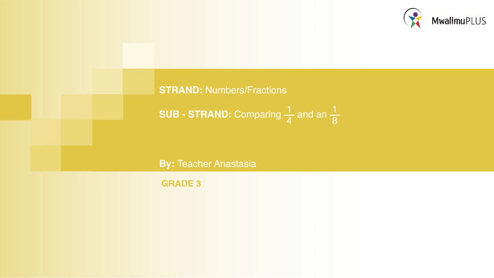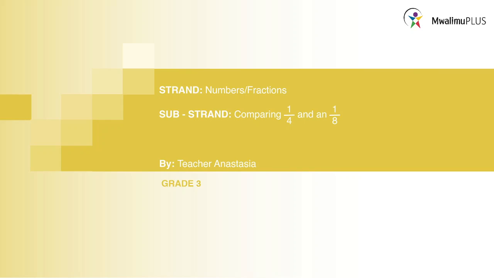So, today we want to learn more about fractions. And we have a very interesting lesson today. We are going to learn about fractions, and we are going to compare a quarter and an eighth. Remember, we learned about a quarter as 1 out of 4 equal parts. And an eighth is 1 out of 8 equal parts.